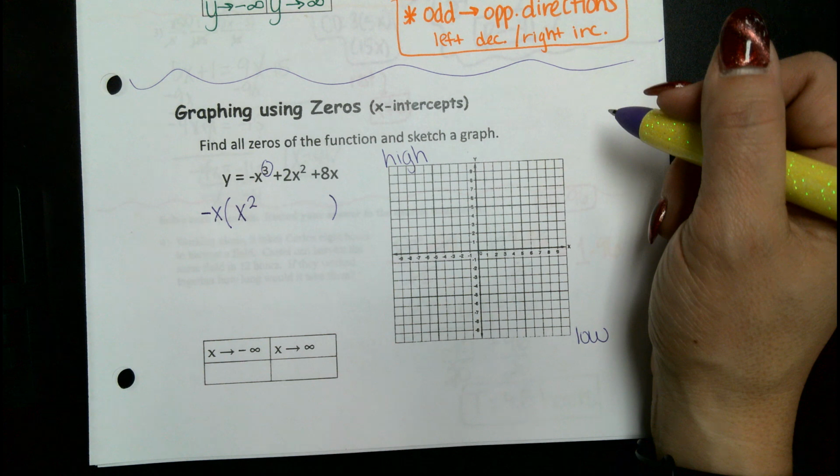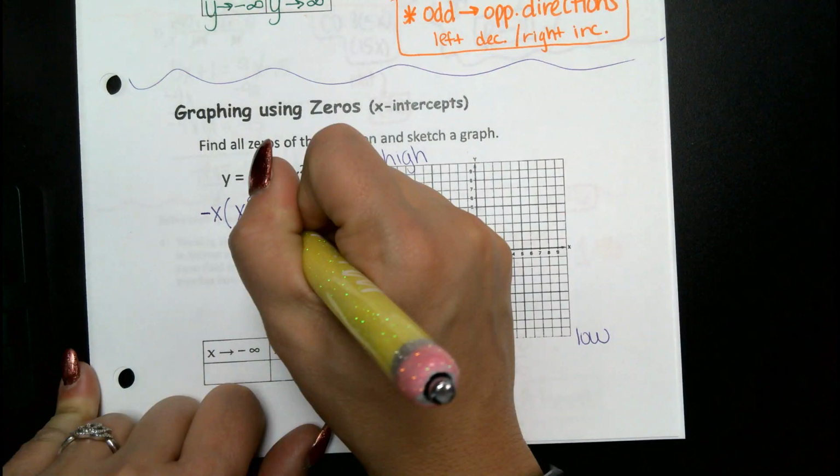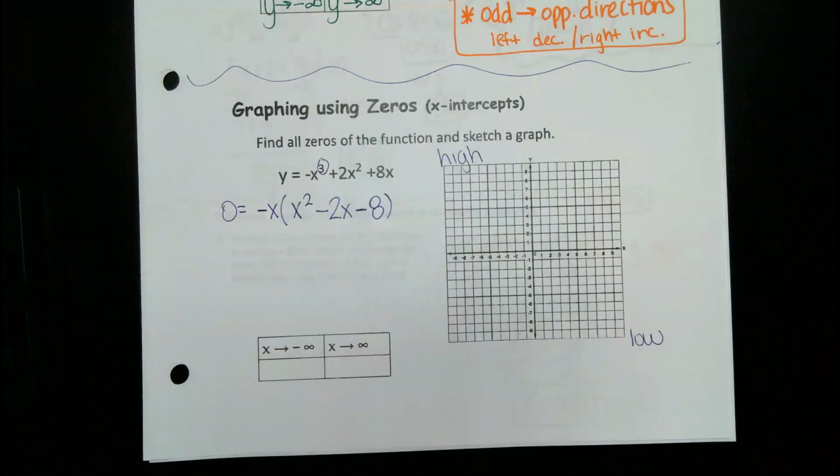If there's ever a negative out front, I take it out. I don't like it. Okay, and then what's going to happen here in the middle? Instead of being negative 2x, and instead of positive 8, negative 8. And then this whole thing.